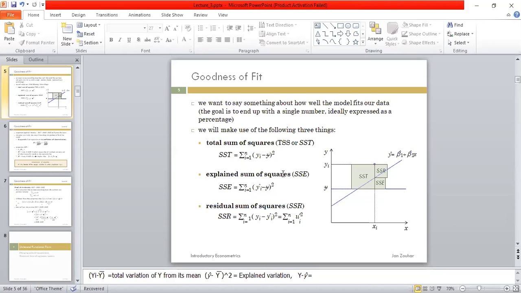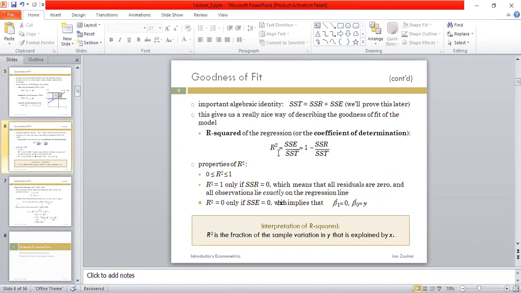So explained part divided by total part is the fraction of the variation of Y explained by X. So R square is ESS divided by TSS.